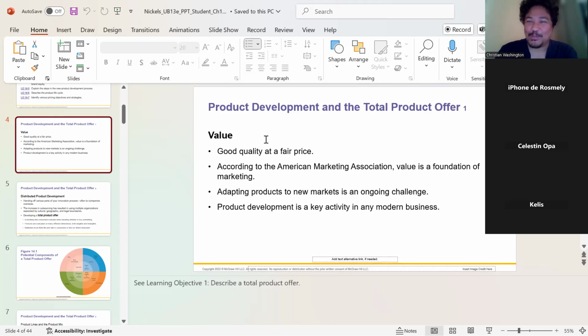It's value, good quality at a fair price. So value and price, they're not related, right? It's economically driven. It's a marketing word. It's perception. It's your perception on what is or isn't valuable, right?